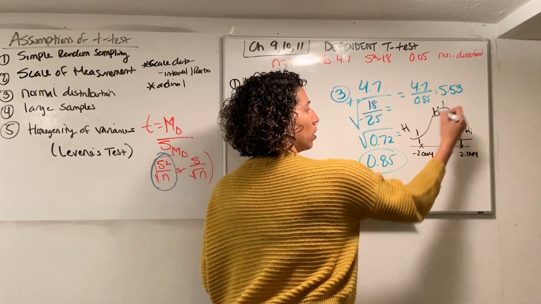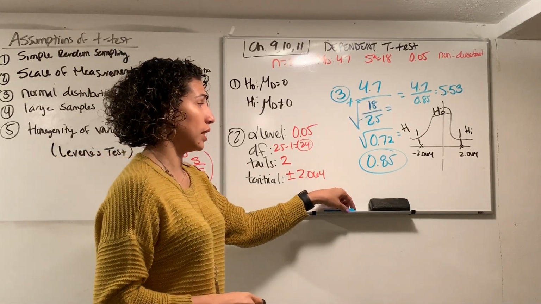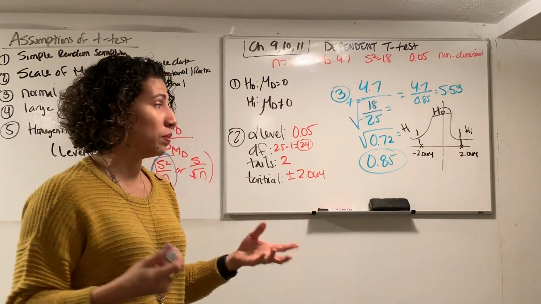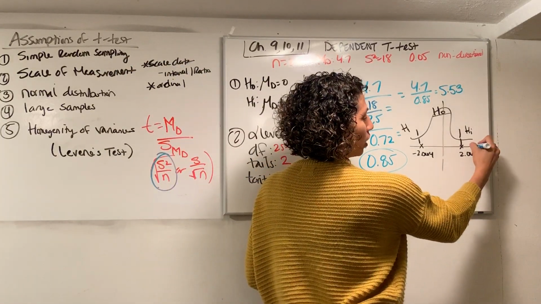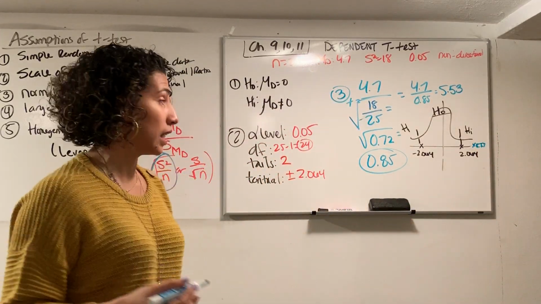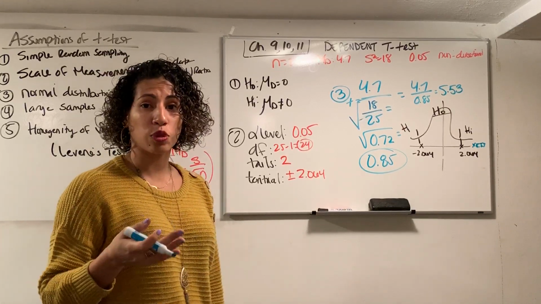All the piece in the middle is H0. So where are we? Are we in a tail? Or are we in the body? Are we in the tail, the extreme significant difference area, which is here or over here? So in other words, there is a significant difference between these actual choices.